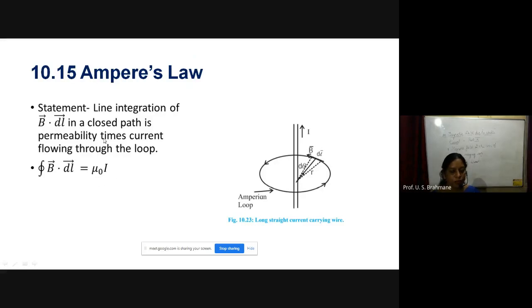It's very important, this Ampere's law. Sometimes it is asked for 1 mark: state Ampere's law.